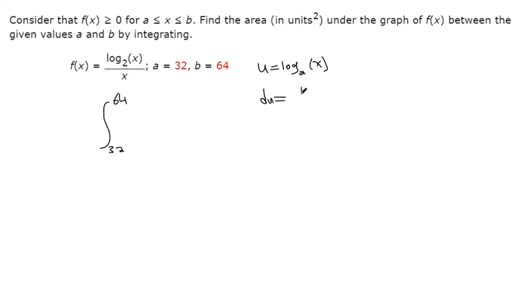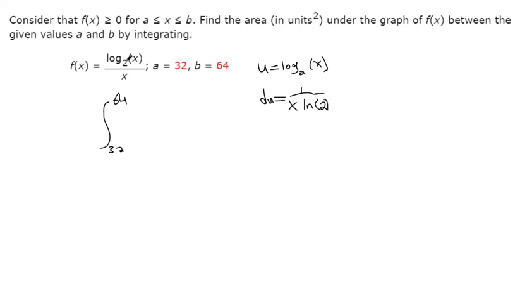The derivative of natural log is just 1 over x, but the derivative of log base 2 of x is 1 over x times natural log 2. So when you take a derivative of a logarithm function and it's not natural log, you have that extra little piece.